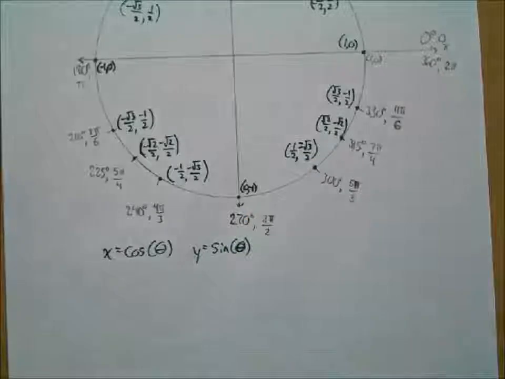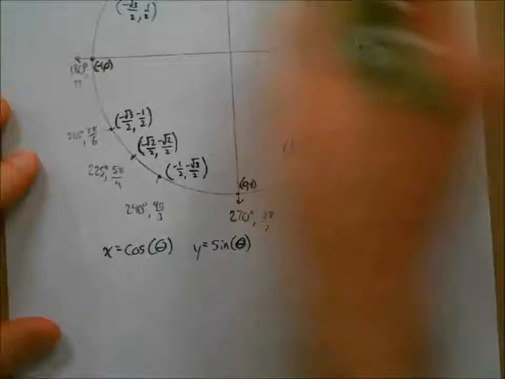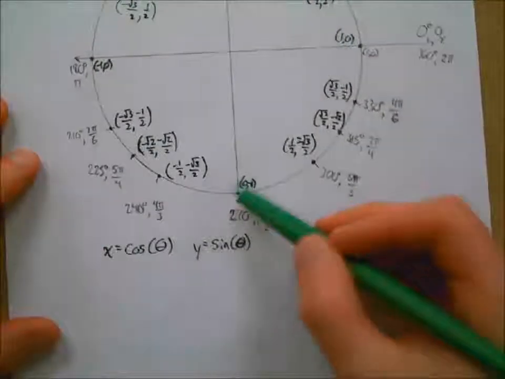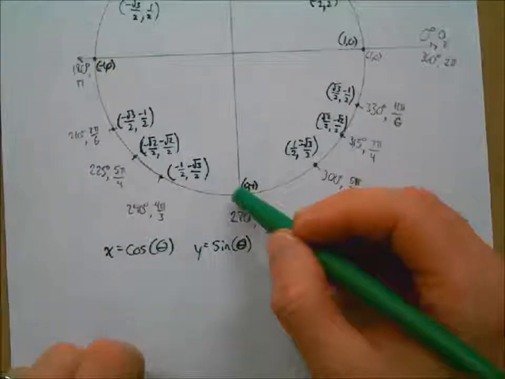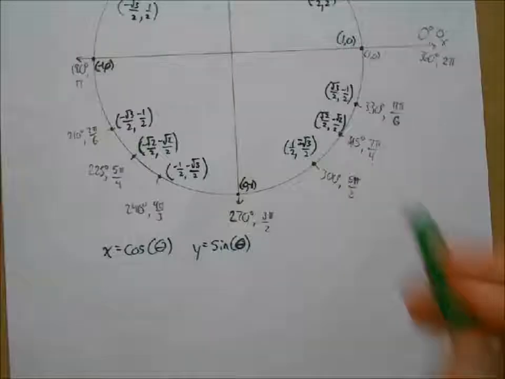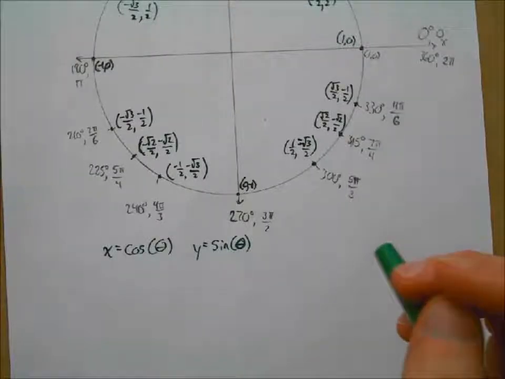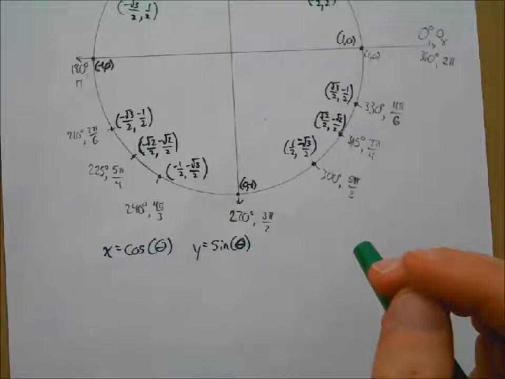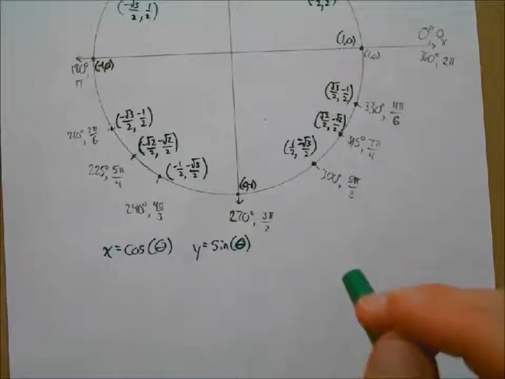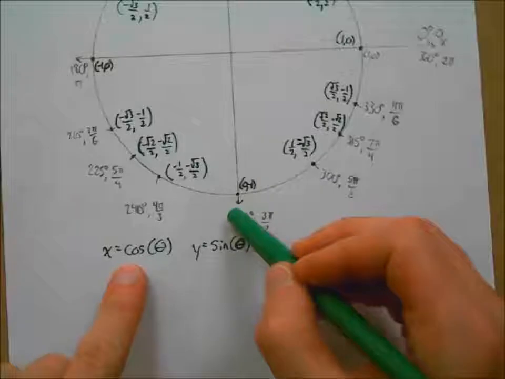Okay? So for example, if I wanted to know what the cosine of 3 pi over 2 was, I could locate 3 pi over 2 here on my unit circle. Cosine is the x-coordinate of 3 pi over 2. What's the x-coordinate at the cosine of 270 degrees, or 3 pi over 2?